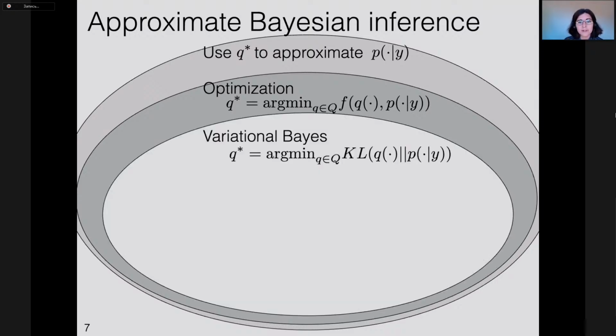Then we made a further choice: a particular notion of farness to make this a well-defined optimization problem. We used the KL divergence, the Kullback-Leibler divergence, in this particular direction. We spent time justifying that as a convenient choice, and now we want to ask whether it does the things we want it to do.